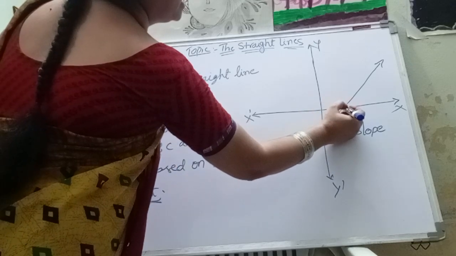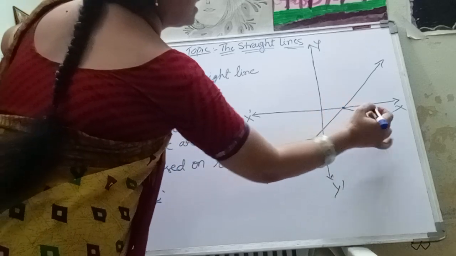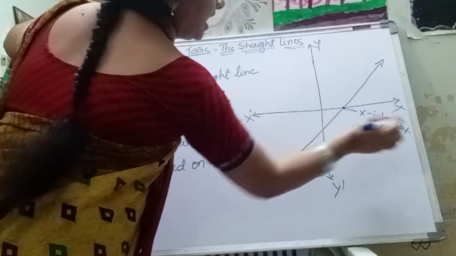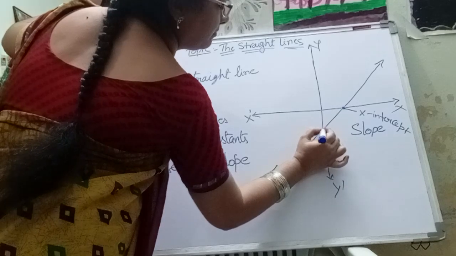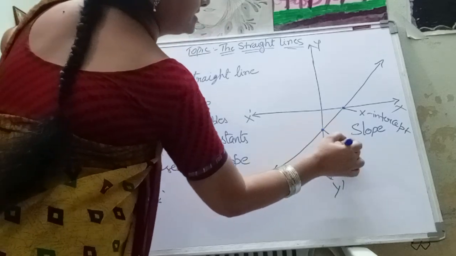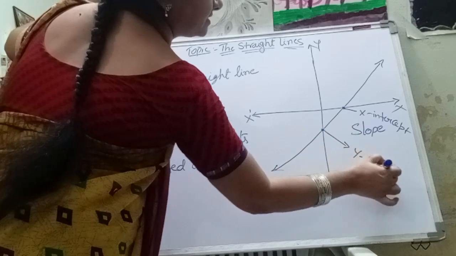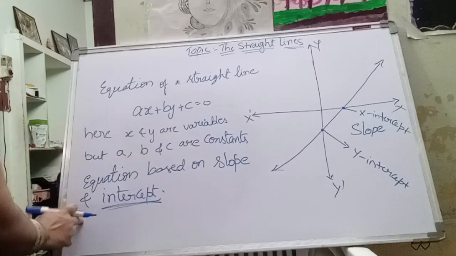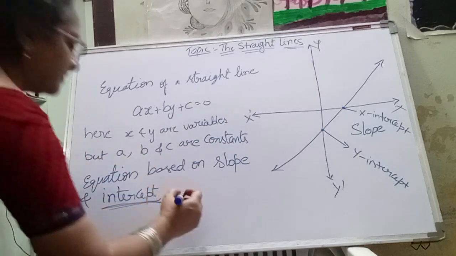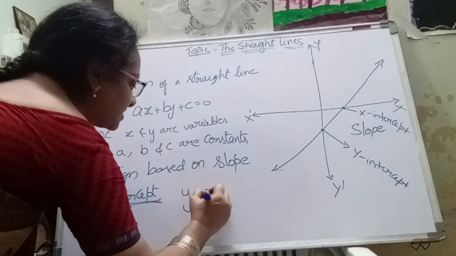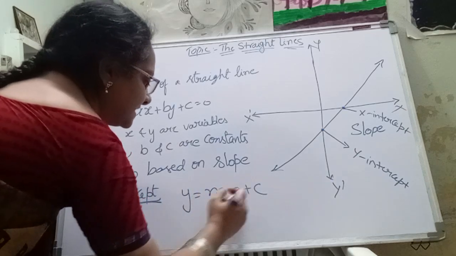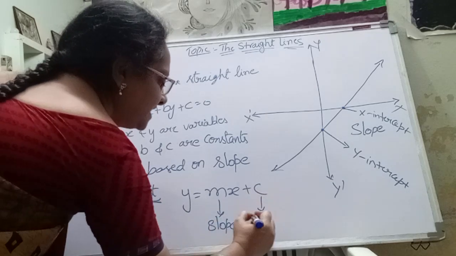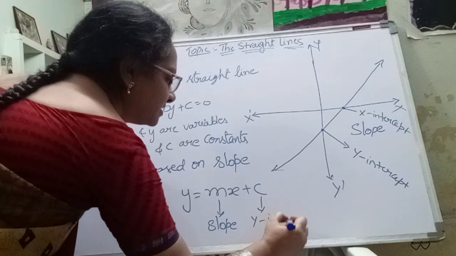The point where the line cuts the x-axis is called the x-intercept. And where this line cuts the y-axis is called the y-intercept. Understood? So based on the slope and intercept, there is an equation form, that is y equals mx plus c, where m is the slope, c is the y-intercept.